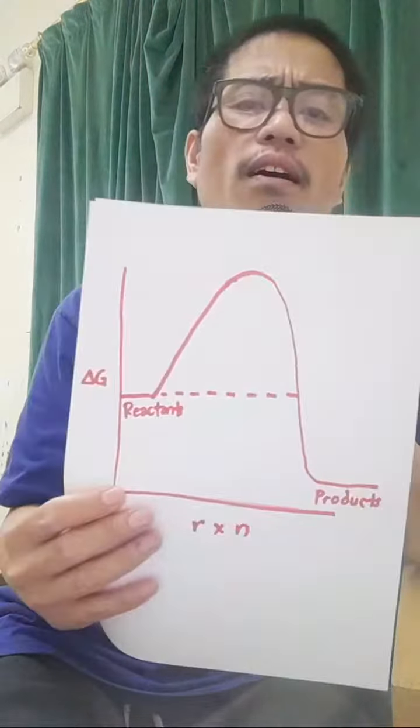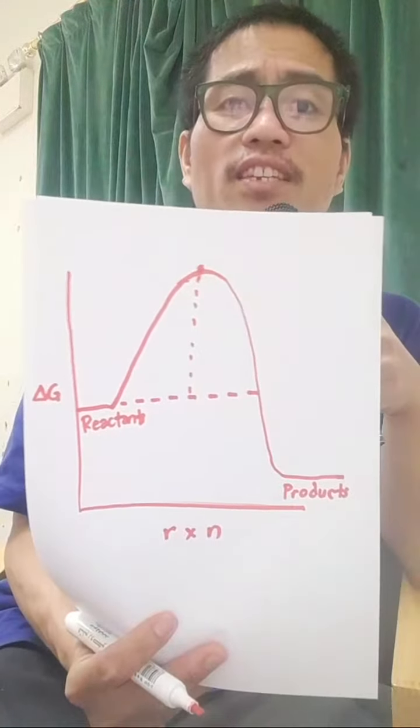But here we are not concerned with the amounts, how many moles or what the mass is. We are concerned only with the reactions involved, how fast, how slow. So this is going to be like this.